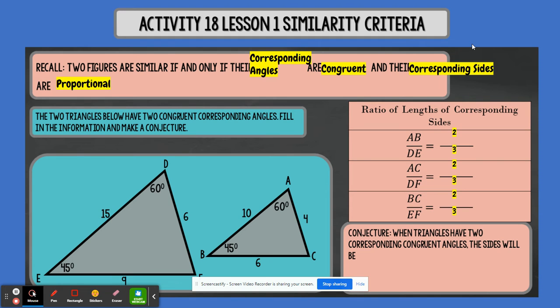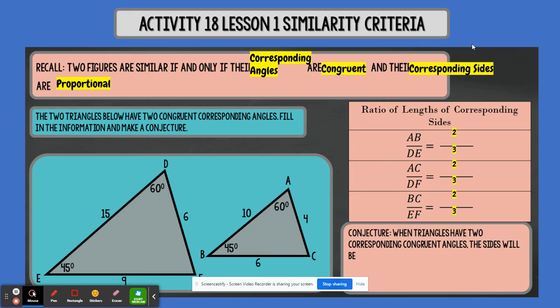I want you to notice how many angles there are also. I have 60 and 45. Now, do I need them to give me this third angle? Why not? They always have to add up to be 180.